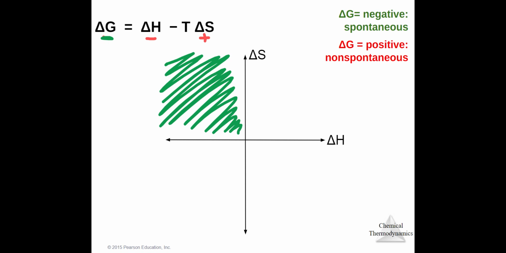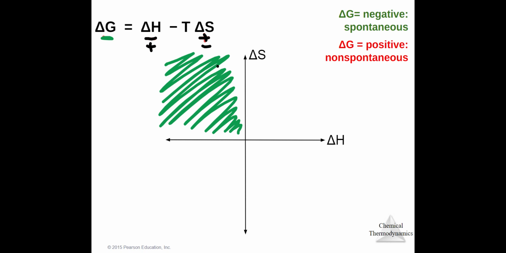Now let's take a look at the reverse. Let's say I have a positive delta H and a negative delta S. I'm going to make these black as well to not confuse spontaneous and not spontaneous. If my delta H is positive, I am taking a positive number and subtracting a negative number, which is the same thing as adding a positive.